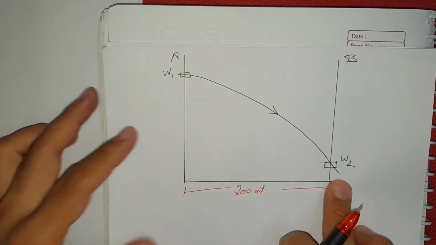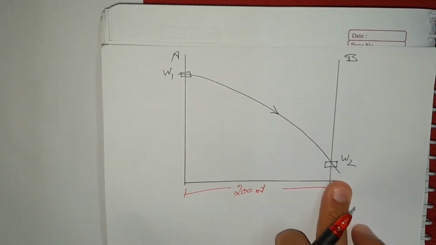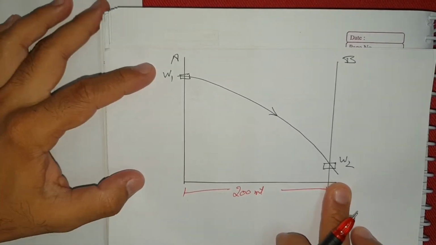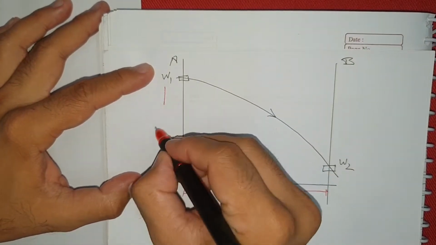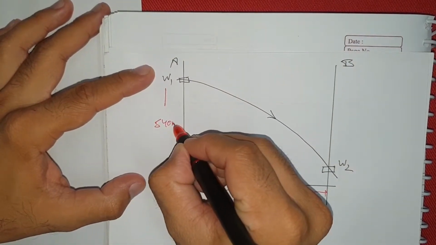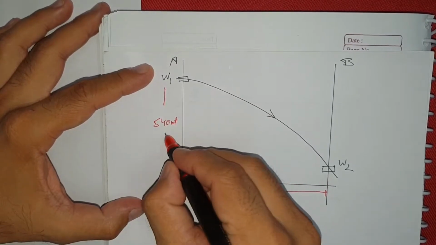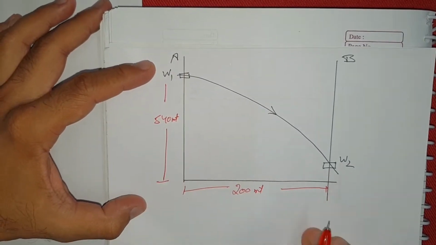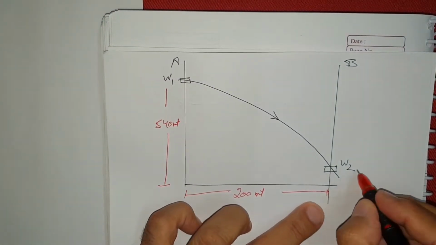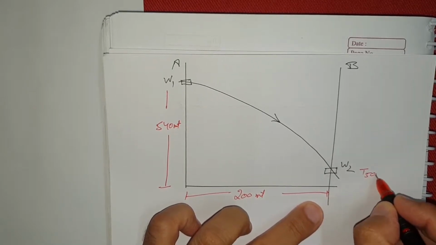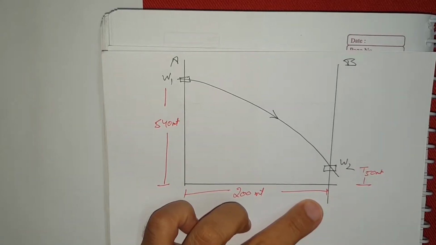This is window 1, this is window 2. The height of window 1 is 540 meter from the ground, and the height of window 2 is 50 meter from the ground.